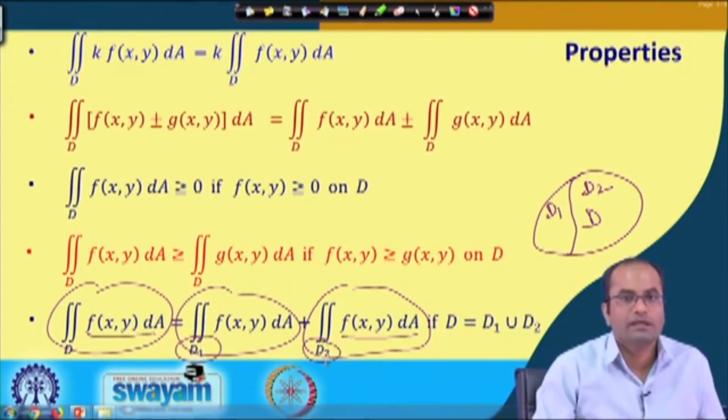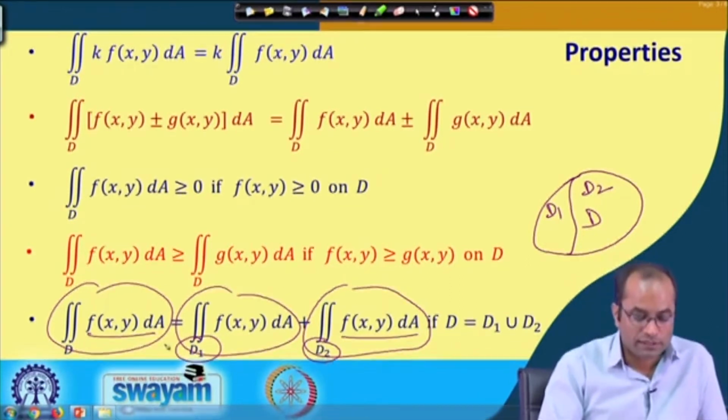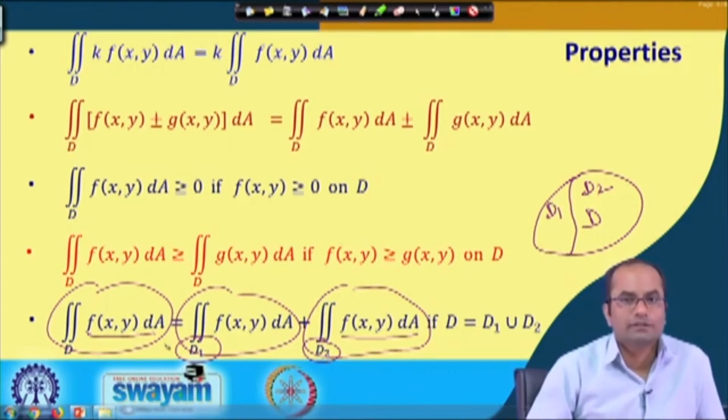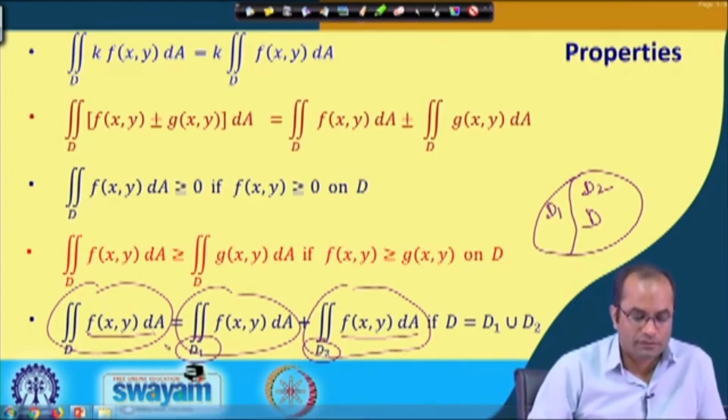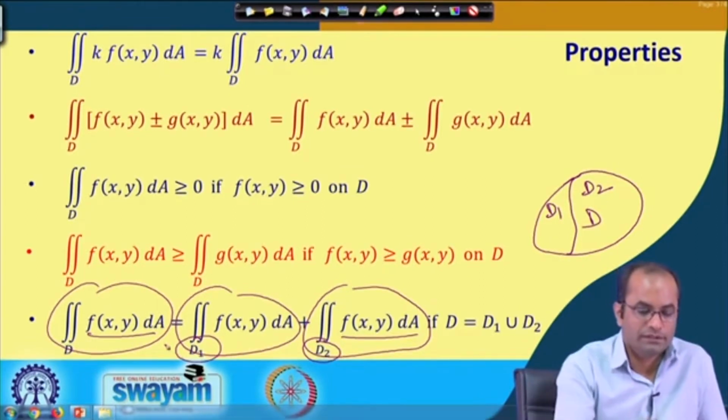That is also a common property of the single integral. So, we have more or less similar properties for the double integral.